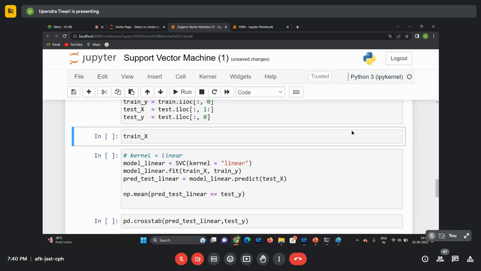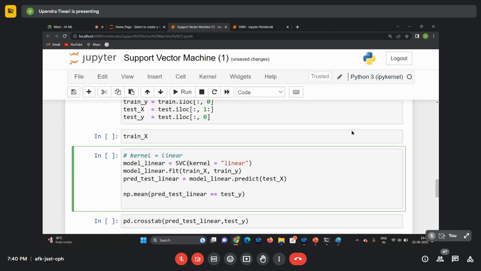Next, we'll be building the model. The first model that we are building is a support vector classifier. And what kernel trick are we using? We are taking the linear kernel. Then we train this model on the training data, do prediction on the test data, and find out the test accuracy.